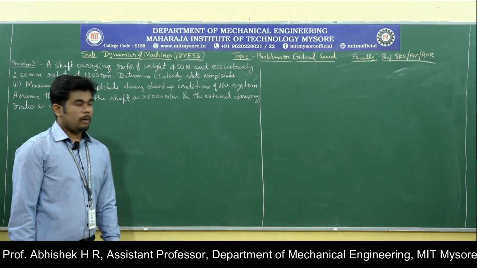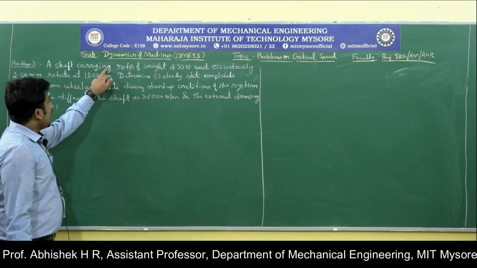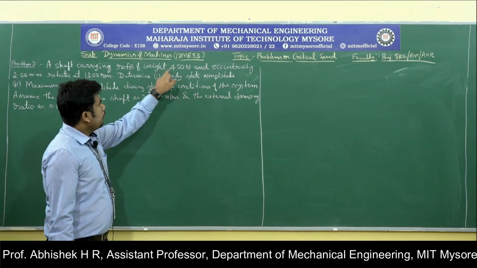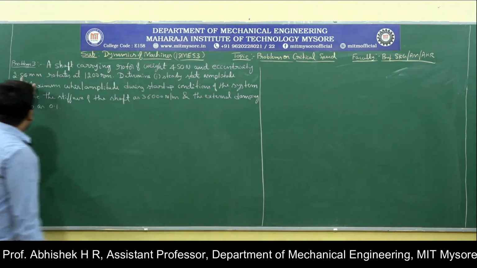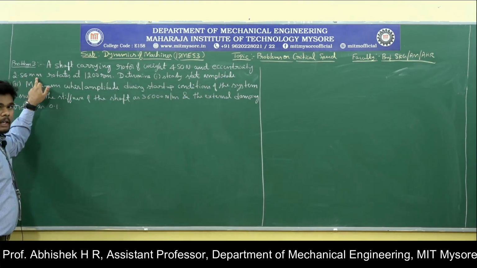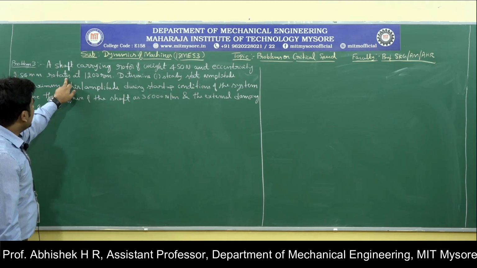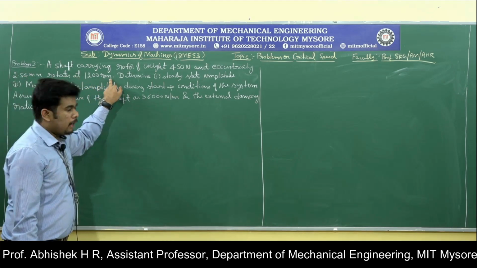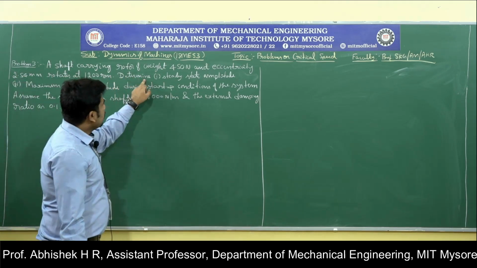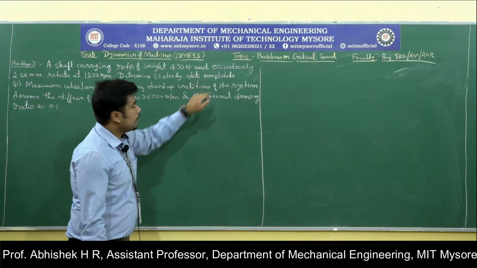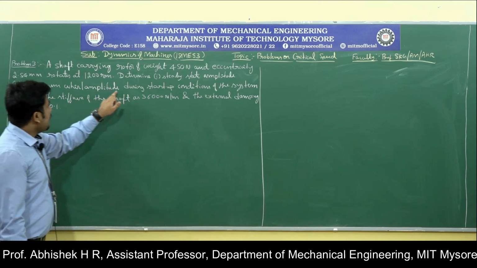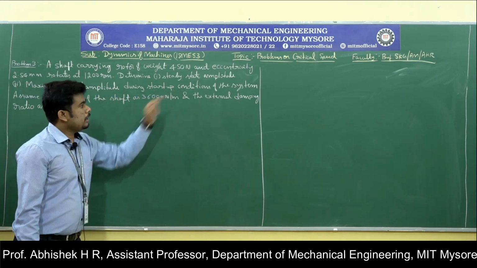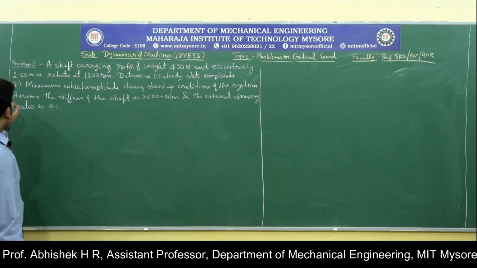Now we will see the third problem. A shaft carrying rotor of weight 450 Newton and eccentricity 2.54 mm rotates at 1200 RPM. Determine, first, the steady state amplitude, and second, the maximum whirl amplitude during startup conditions of the system.